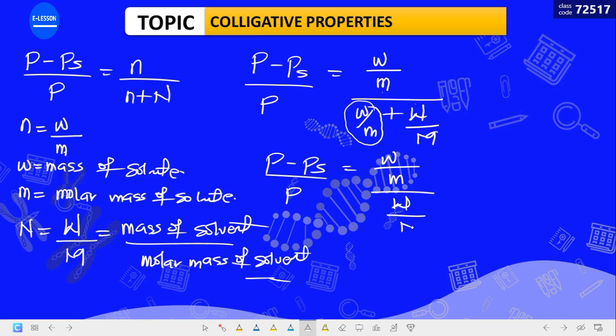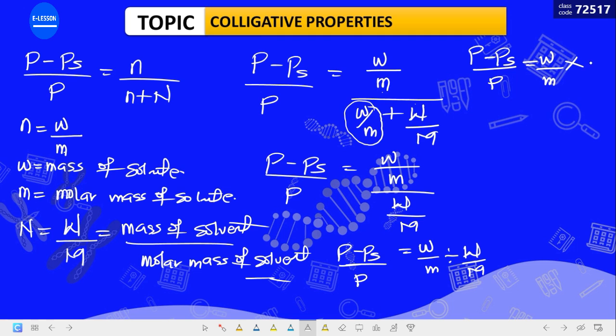Capital W all over capital M. So in that case, P minus Ps all over P is equal to w all over m divided by W all over M. And then this gives us P minus Ps all over P is equal to w all over m times M all over W, because when you introduce the multiplication sign, this M comes up, W comes down.